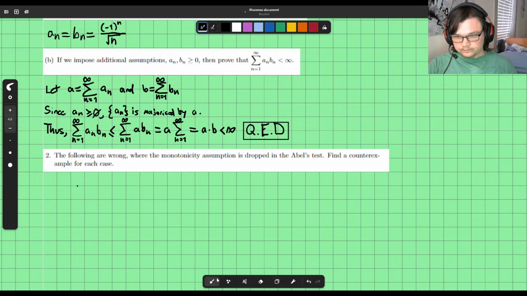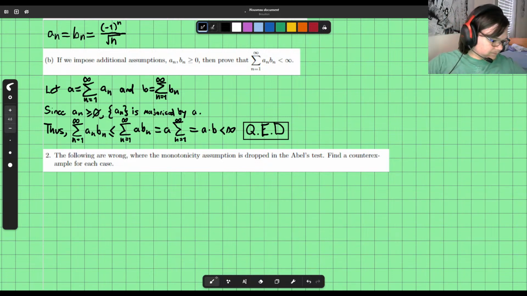There we go. Find a counterexample for each case. Okay. Oh, I need a second screenshot for A and B.